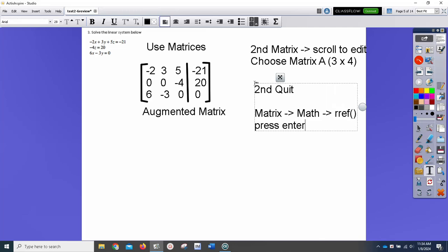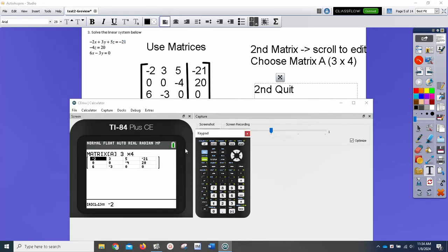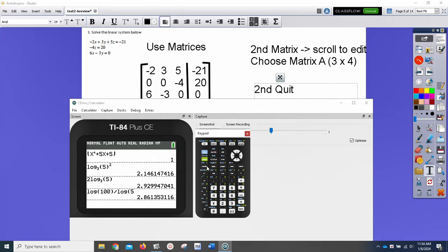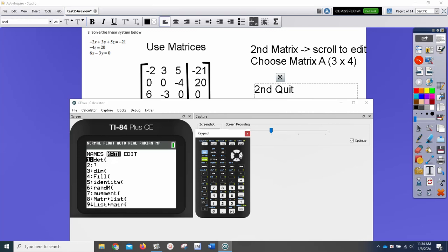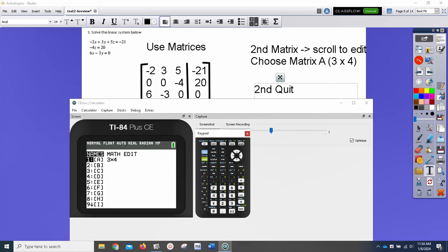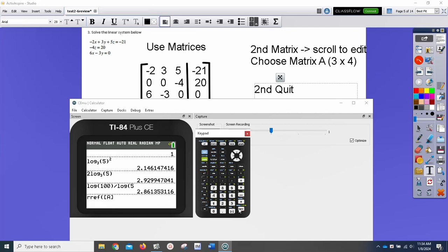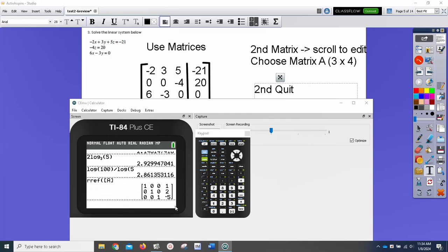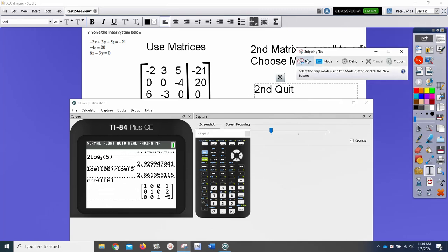So I quit. I go to second matrix, go to math. I'm looking for that function called double REF. I press enter. And I'm going to tell it to use matrix A. Second matrix. I did everything in A. Enter, enter. And this is what's returned.